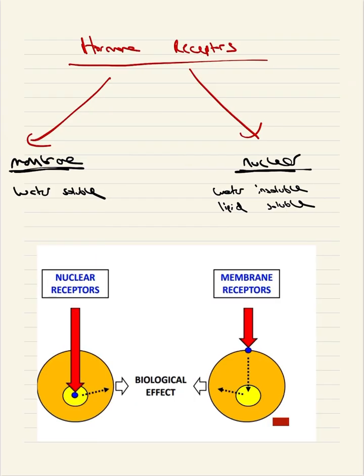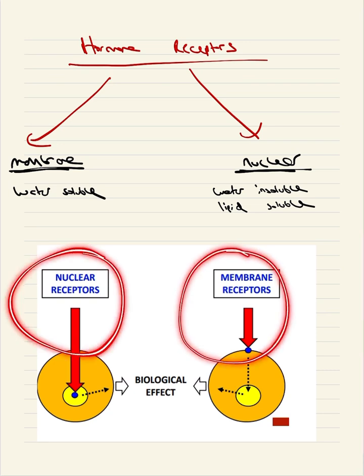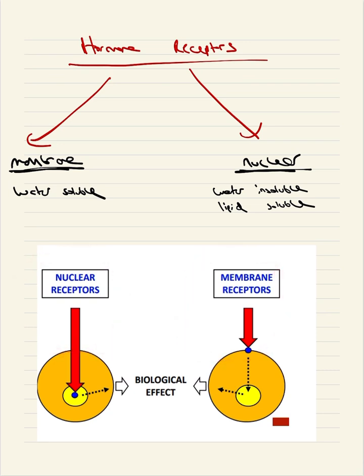Okay. So the hormone receptors. There are two types of hormone receptors. Broadly speaking, you have your membrane receptor and your nuclear receptor. So imagine if you're a protein, right? If you are a protein, you will get bound to the membrane receptor.